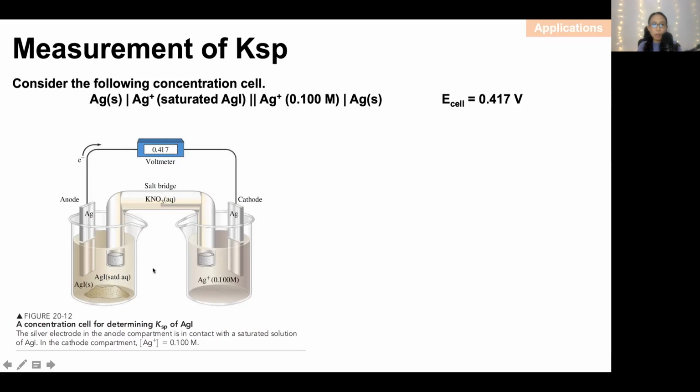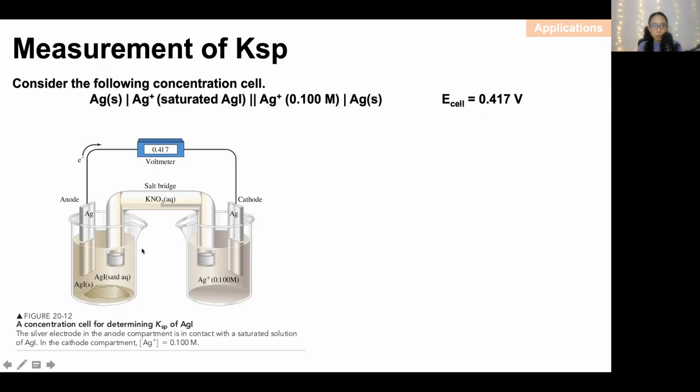So for example, we have a concentration cell here. Concentration cell siya. So ibig sabihin, yung reaction mo sa anode ay reverse lang ng reaction mo sa cathode. But because of the difference in the concentrations, you have a measured cell potential.